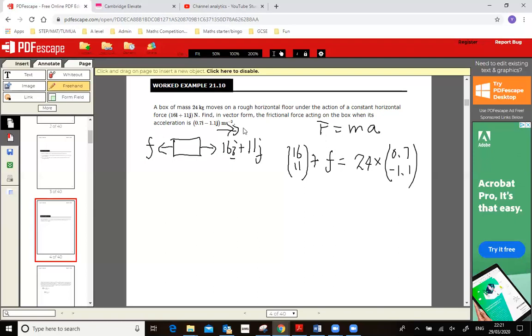Okay, so now we could work out 24 times 0.7 and negative 1.1. So that would be 16, 11 plus f equals 16.8 and negative 26.4.